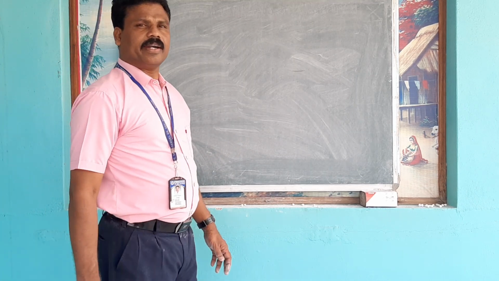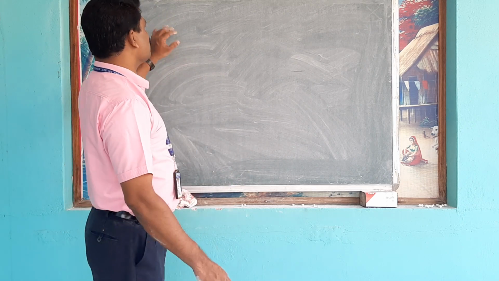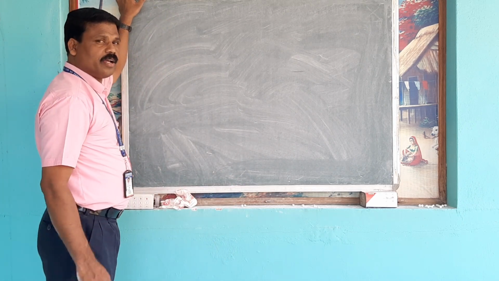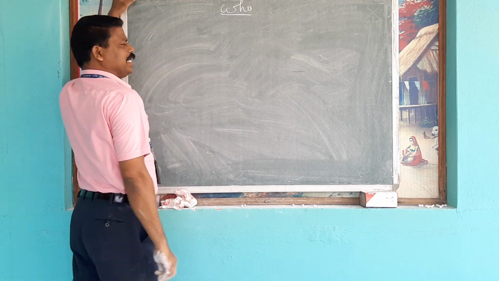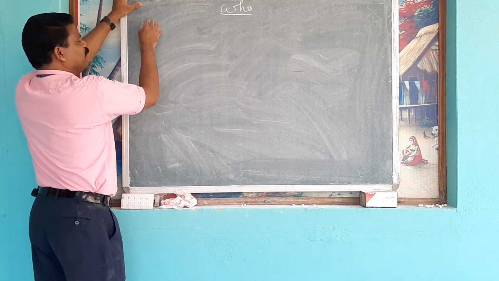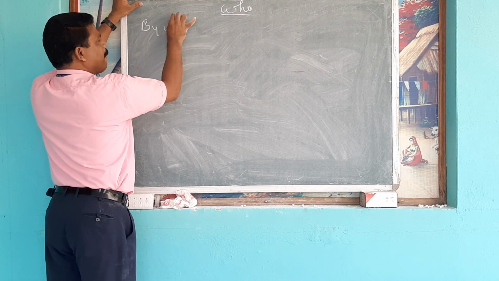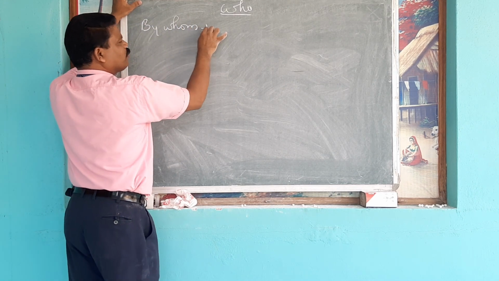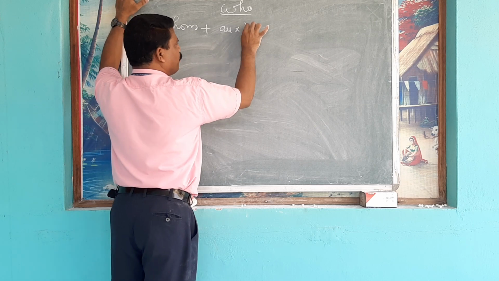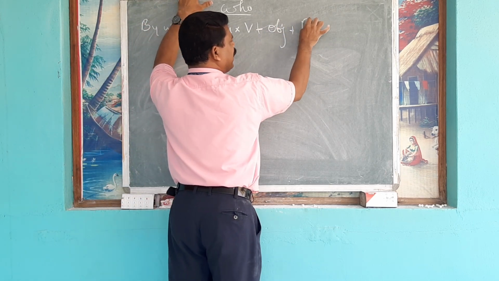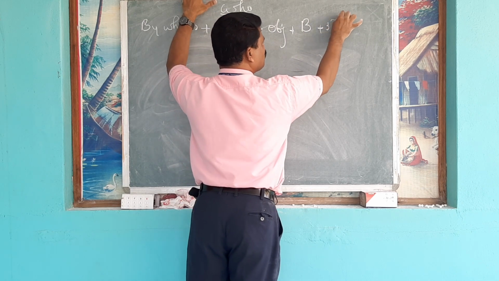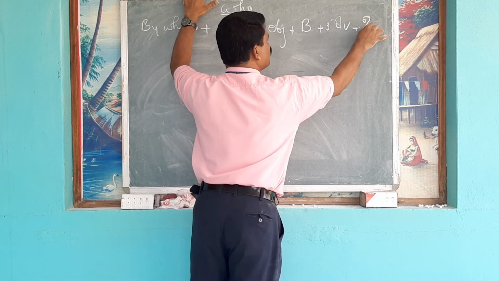Next one, we are going to discuss the questions that begin with who. If the sentence begins with who, first write by whom, then auxiliary verb, object, be, being, been plus third verb plus question mark.